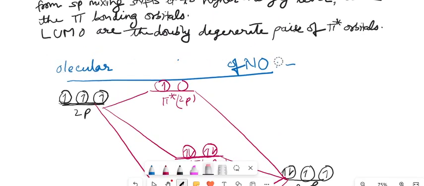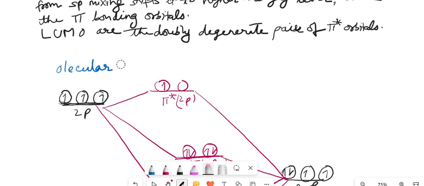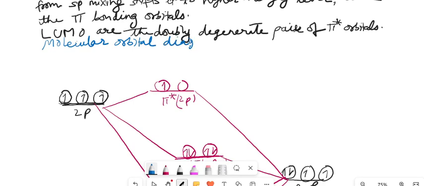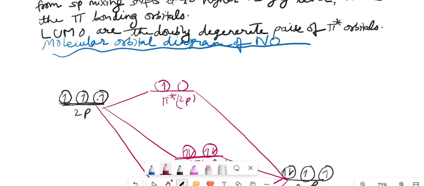Sigma star 2p is highest in energy, shown above the pi star 2p.